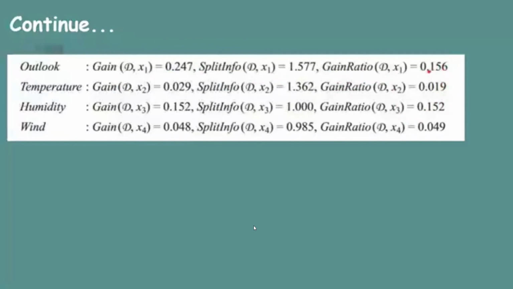Outlook is highest. So here, as per the C4.5 algorithm, the attribute which has the highest gain ratio would be selected as the parent node, the root node, and the rest will go to the subtree.